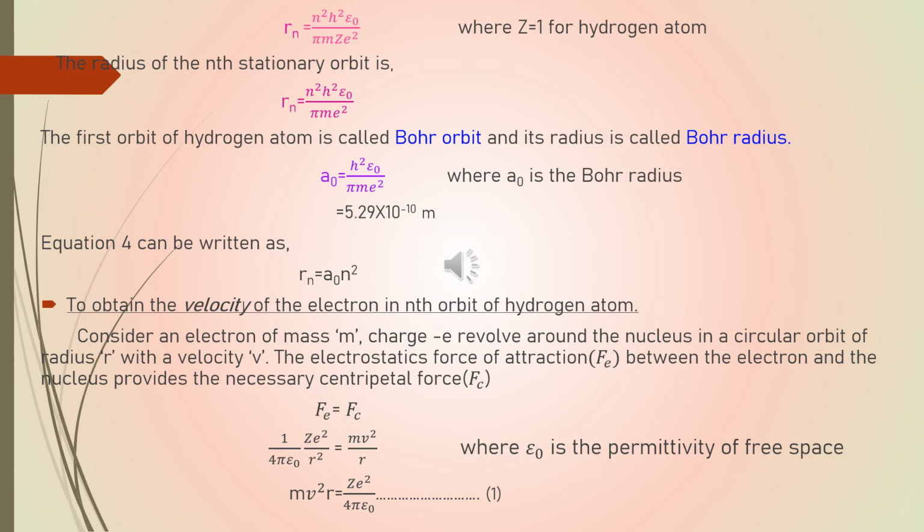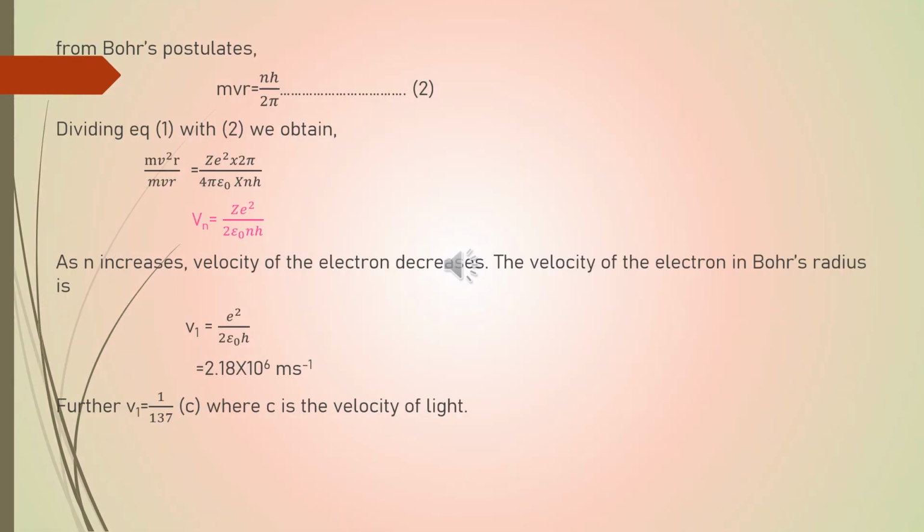Substituting for Fe and Fc, we get mv²r is equal to Ze²/4πε₀, where ε₀ is the permittivity of free space. From Bohr's postulate, we can write mvr is equal to nh by 2π. Dividing equation 1 by 2, we get Vn is equal to Ze²/2ε₀nh.